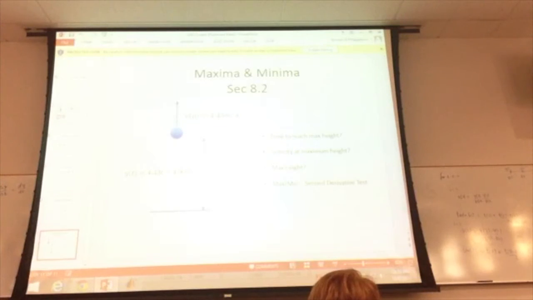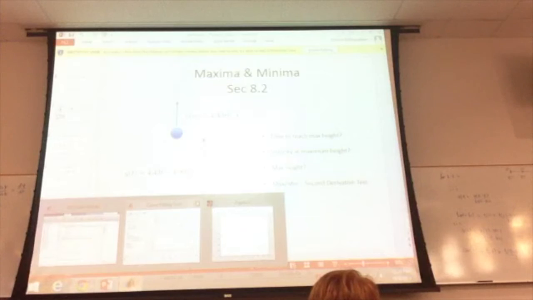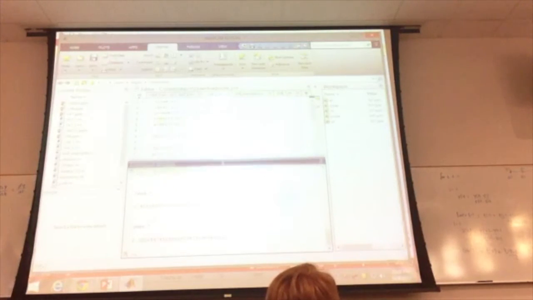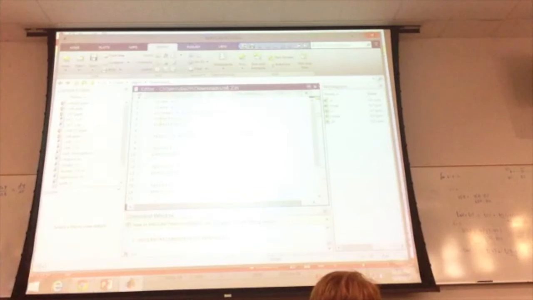Now we're going to solve the same problem using MATLAB. All right, let's see how I accomplish the same thing. Okay, so the first statement is, I declare a symbolic expression, 4.43 t minus 4.905 t squared.